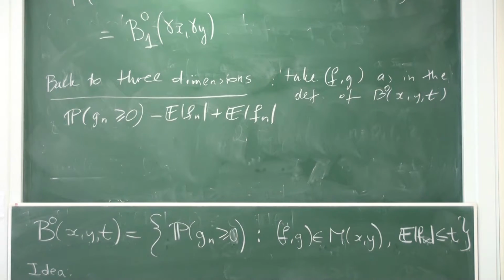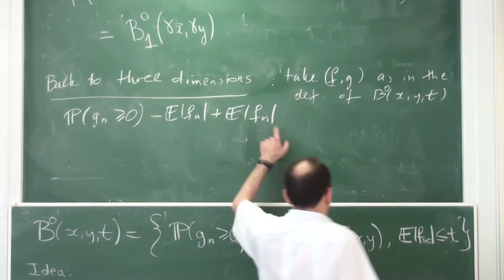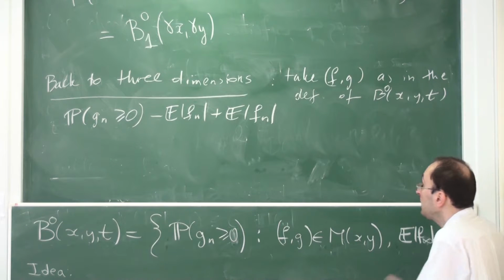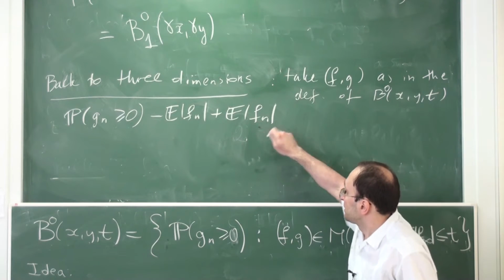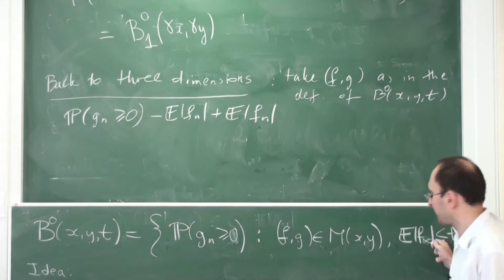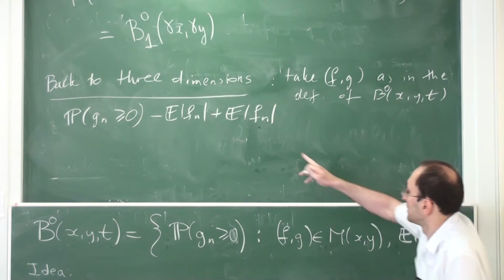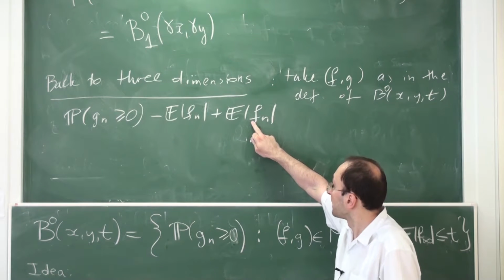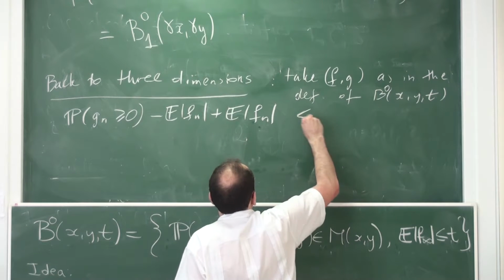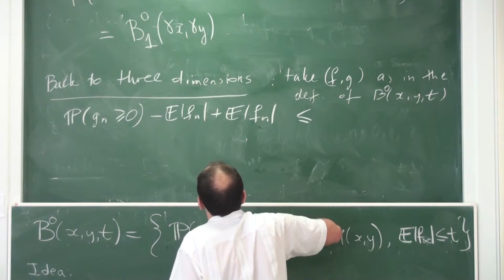There's nothing special. What we know is that the first moment here is bounded by t, and f is a martingale, so the sequence of expectations is not decreasing. So if this thing is bounded by t, so is this thing. That's fine. We can write that this is smaller or equal.